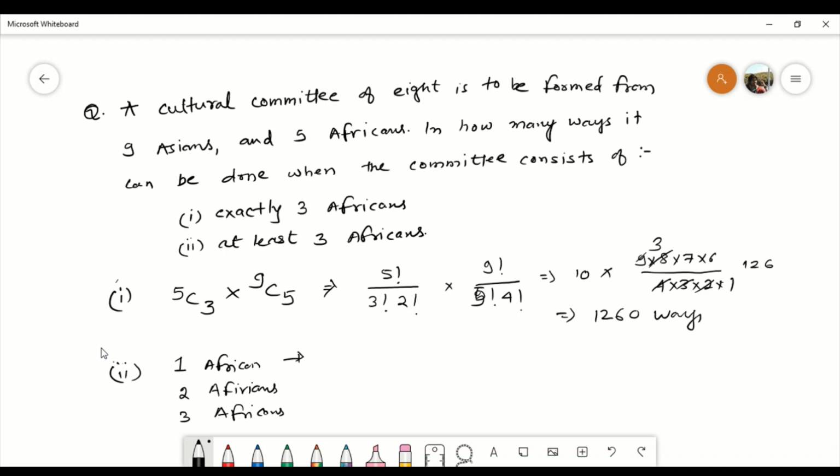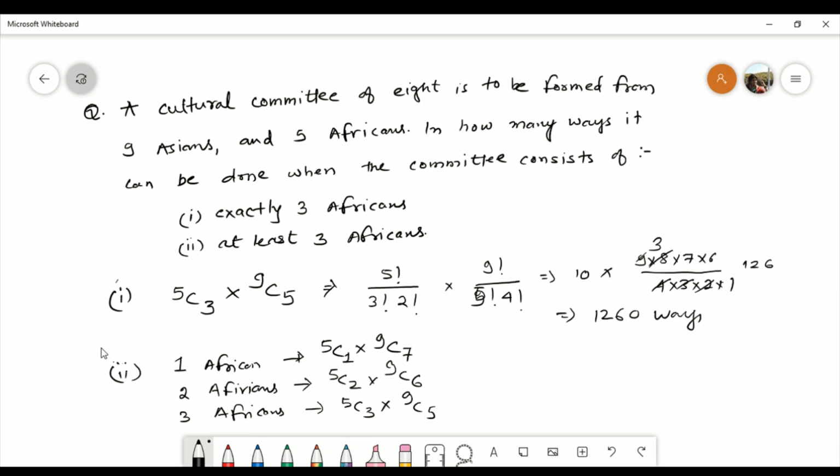So when it has 1 African, what is the number of ways to form such a committee? Again, we have to select 1 African, and then we have to select 7 Asians, right? If it is 2 Africans, then we have 5C2 into 9C6. As for 3 Africans, we have already seen this, 5C3 into 9C5.